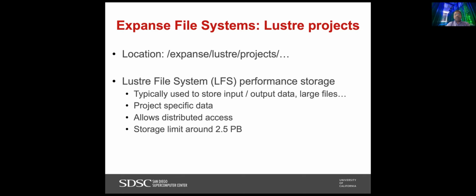So the total storage limit is around 2.5 petabytes, but we typically limit projects to about 100 terabytes, which is where we go up to if there is justification. So this project storage will need to be justified in your access proposal or your proposal that you write for requesting time.